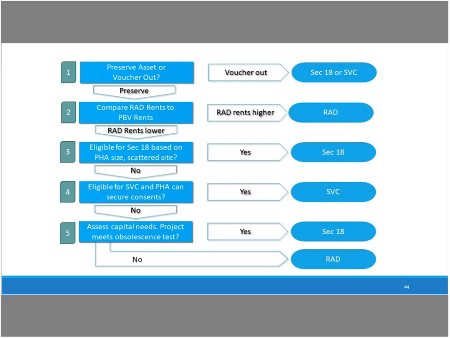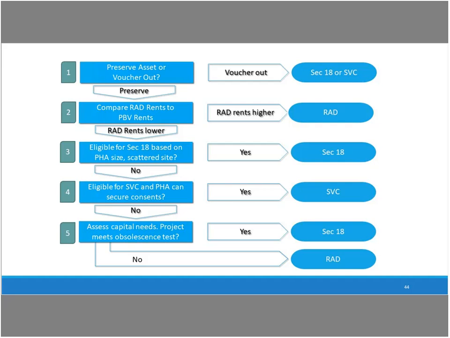If not, then my next option is whether or not I think I can meet the obsolescence test. If I think I can meet the obsolescence test, then I go Section 18. If not, if I've exhausted all these other paths to preserving the building, then I can go RAD.